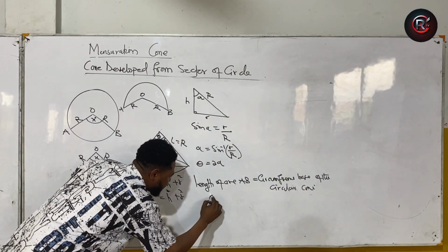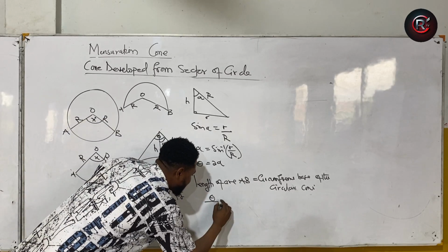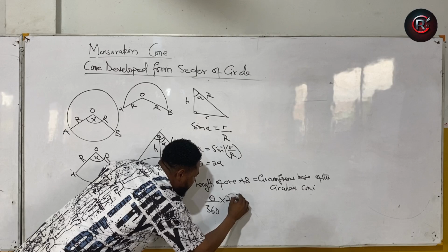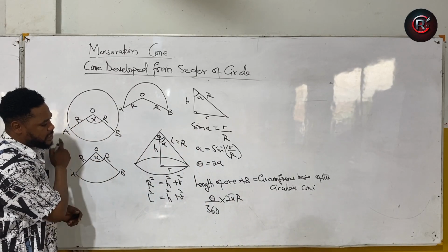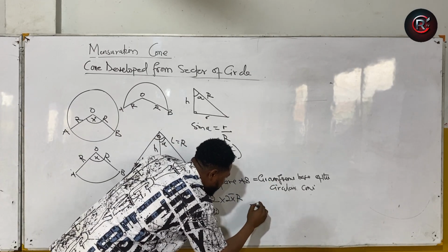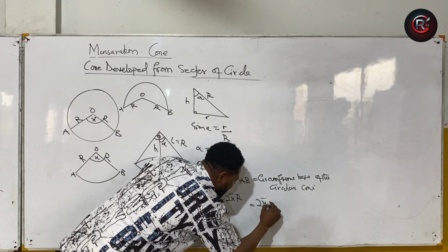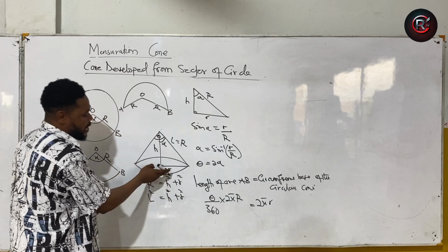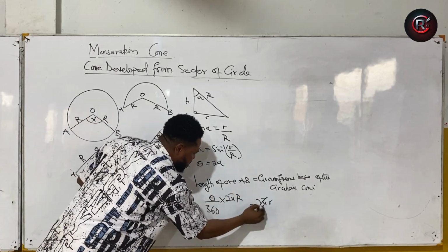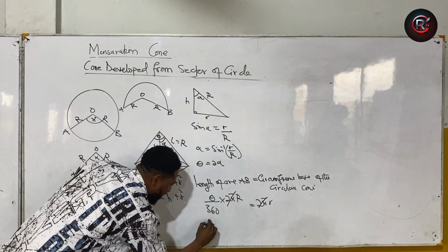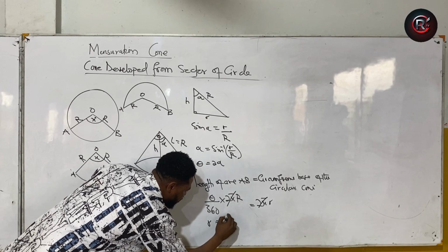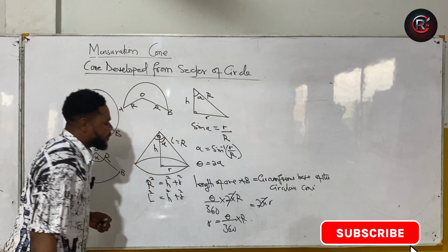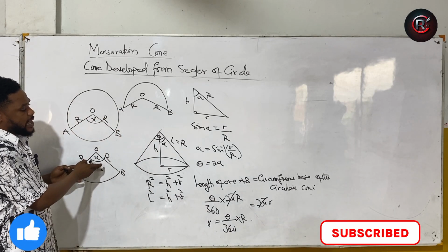Therefore, the length of an arc, which is this arc we have here, that is theta over 360 times 2 pi big R, we use big R because we are talking about this arc, is equal to the circumference of the base of the cone. We use small r here because we are looking at this radius. This will nullify this. Then the radius of the cone will be equal to theta over 360 times big R.